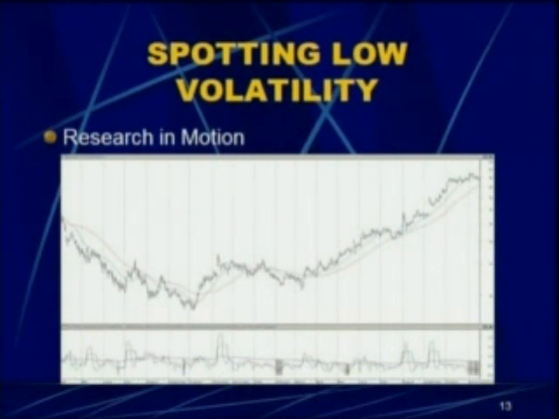What we're looking for is instances where Research In Motion shares have gone flat for no fundamental reason. And the top chart shows Research In Motion shares. Just to give it some perspective, I have a couple of moving averages there. I don't use them for anything other than perspective.